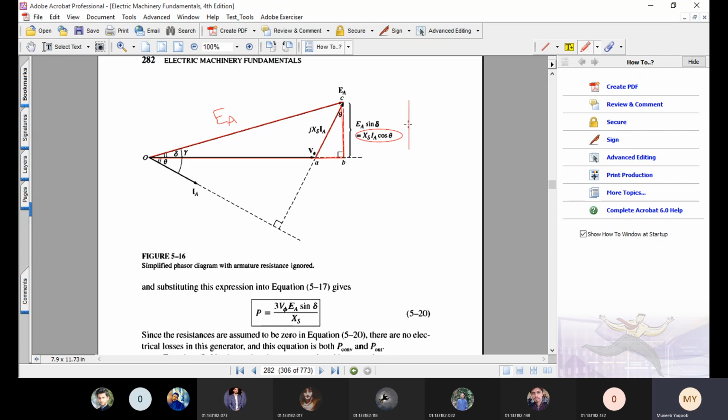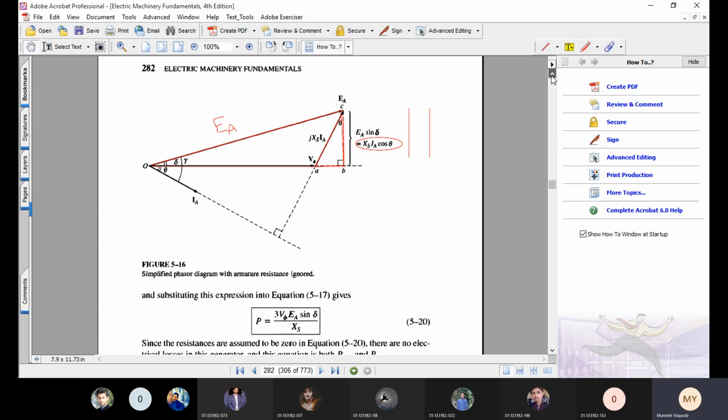So we proved that the same length, this length, can be written as XS IA cos of theta if we consider the smaller right angle triangle, or the same length can be represented as EA sine of delta if we consider the bigger right angle triangle.